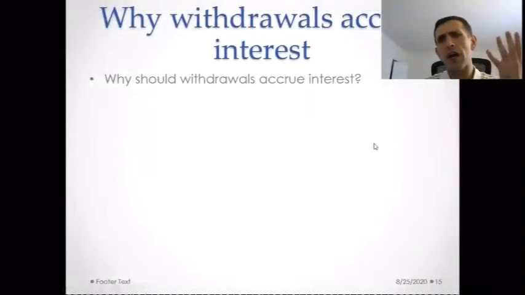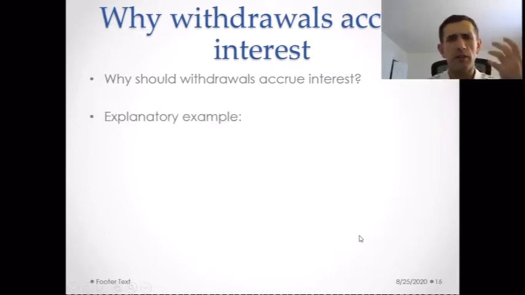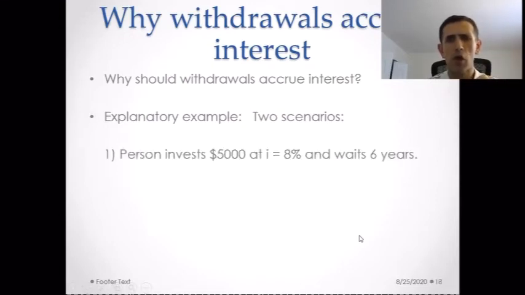So if you're really not convinced as to why withdrawals should accrue interest, let's just do a very, very simple example that should illustrate this. Let's look at two very simple scenarios. Scenario one: a person invests $5,000 at 8% effective annual interest and waits 6 years.